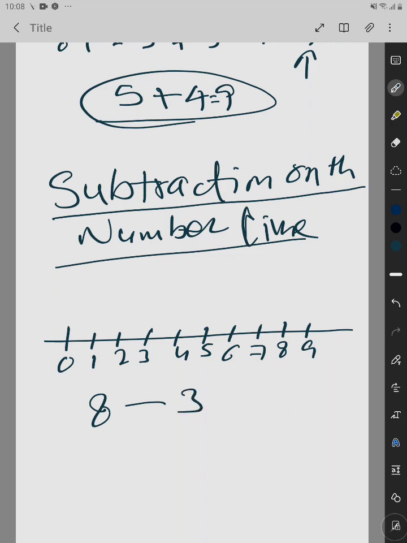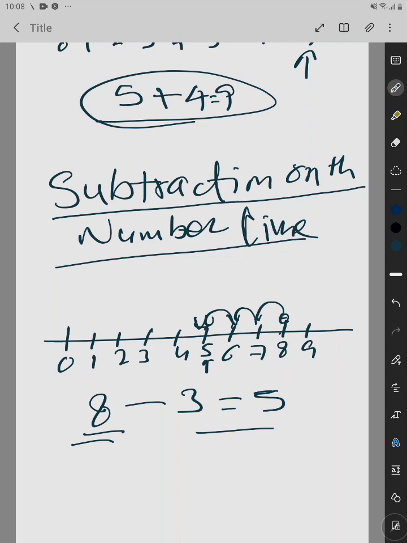We will reach 8 first, so we are here. Now we have to come back 3 loops to the left. So 1, now 2 and 3. Where are we now? We are at 5. So 8 minus 3 is equal to 5. This is the process of subtraction.